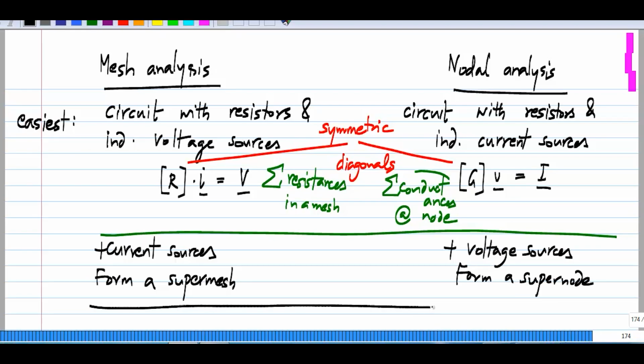Okay, so with this analogy and the detailed treatment of nodal analysis you have gone through, you should also be able to do mesh analysis and understand its properties for all cases.